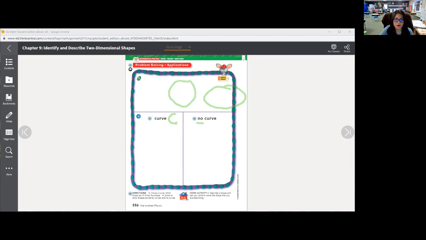So here, what shape can we draw here, Sadie? What shape that has a curve can we draw right here? A circle. A circle, so we're gonna draw a circle. Beautiful.